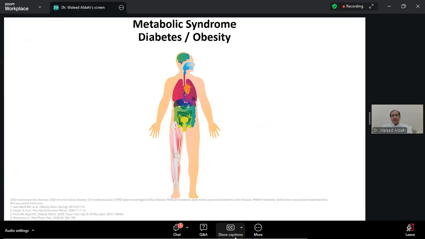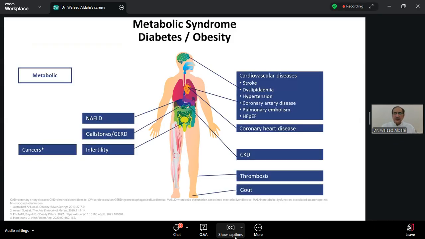Now, we all know that diabetes actually is not just simple hyperglycemia. It is a very complex disease, and it involves many metabolic changes. If you put diabetes, obesity, metabolic syndrome all together, we as physicians in endocrinology and many of our colleagues believe that these are on the same spectrum of the disease.